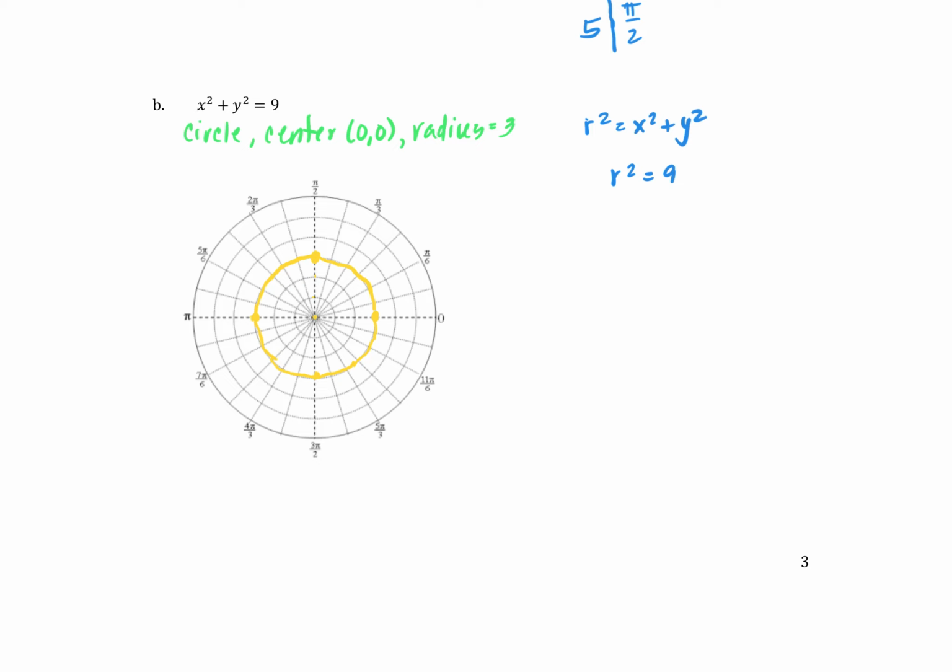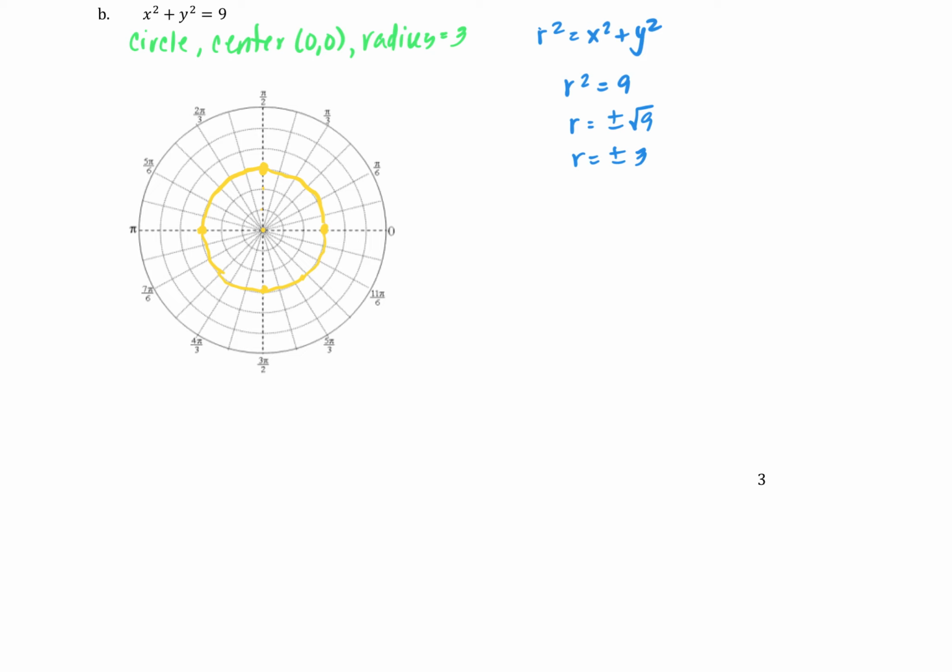So solving for r, r is equal to plus or minus the square root of 9. R is equal to plus or minus 3. That gives me two equations. I have r equal to 3, and I have r equal to negative 3. And they give me the same equation. So it doesn't matter which one you choose, I'm going to just choose the positive.